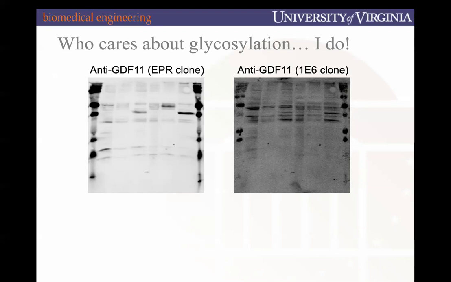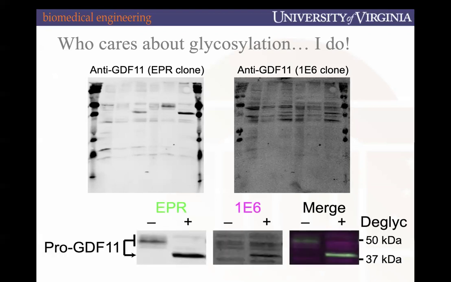If you can appreciate here, the way these bands emerge on the Western blot look different between these two monoclonal antibodies. With Western blotting, you want nice contrast and a very clear black band, not the smearing you see here or over there.